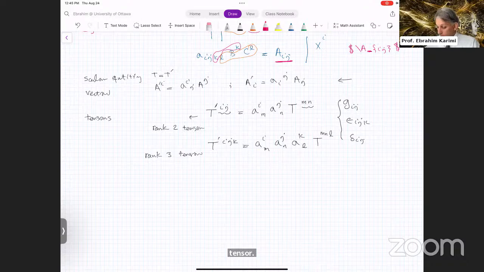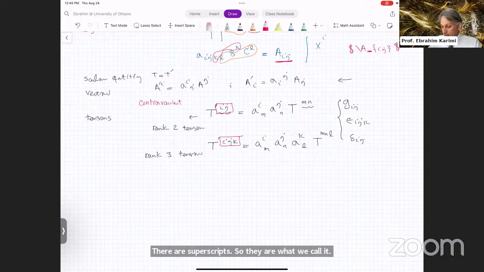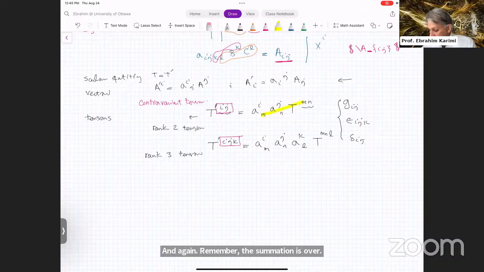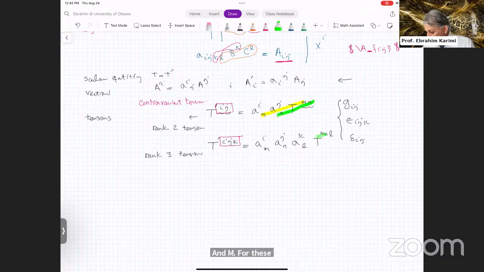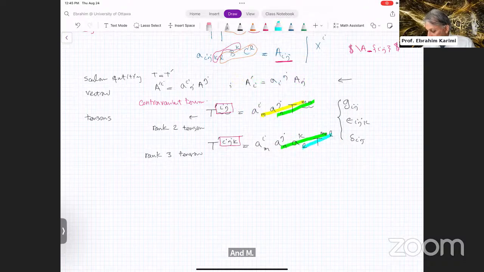And all of those, remember, the indices are superscripts, so they are what we call contravariant tensors. Again, remember, the summation is over repeated indices, which is n and m for this one, and over n, l, and also m.